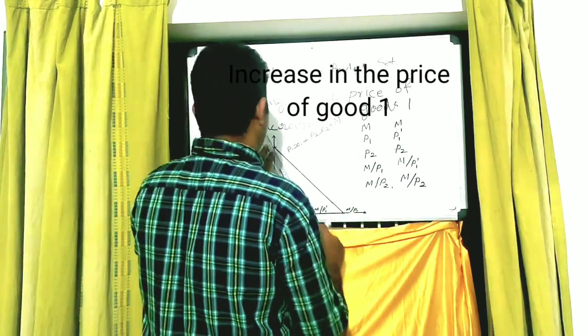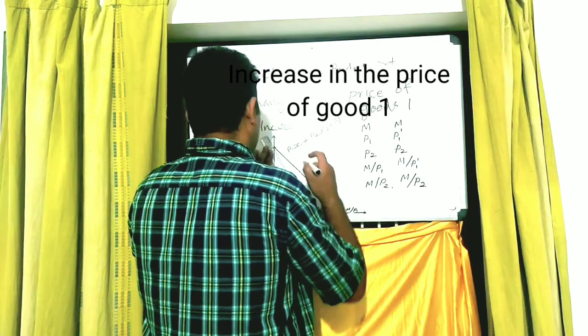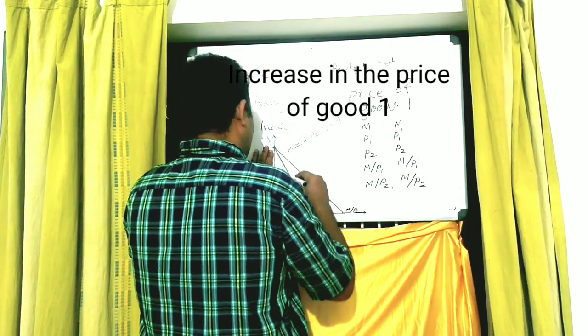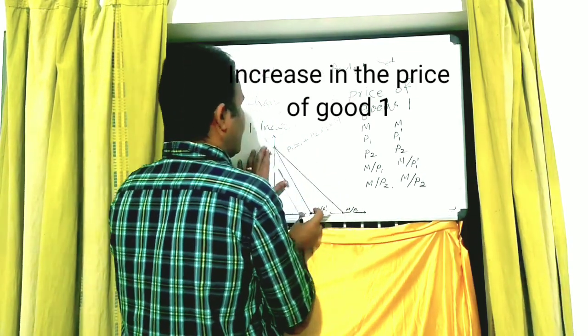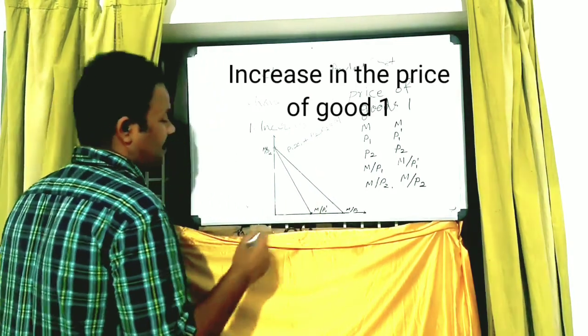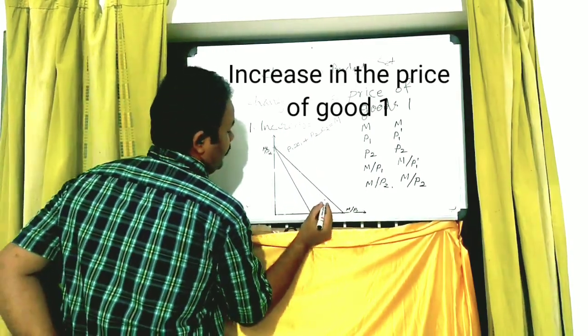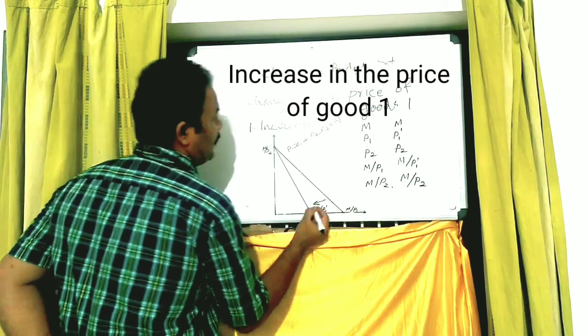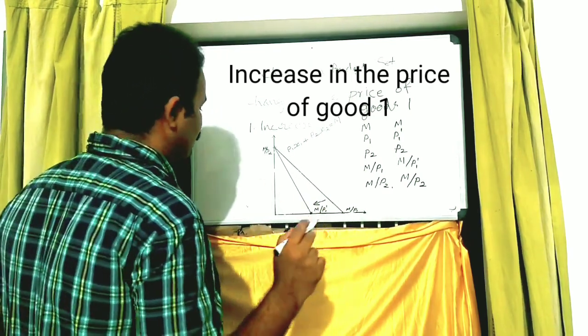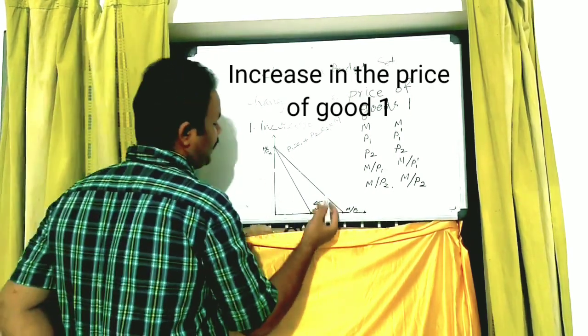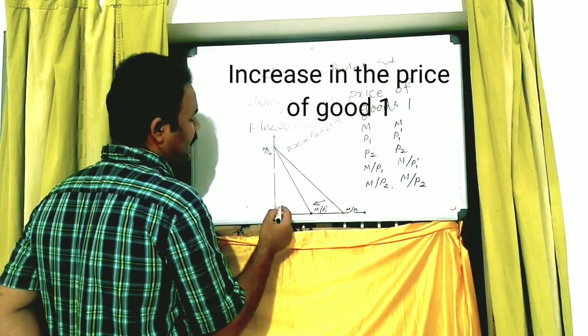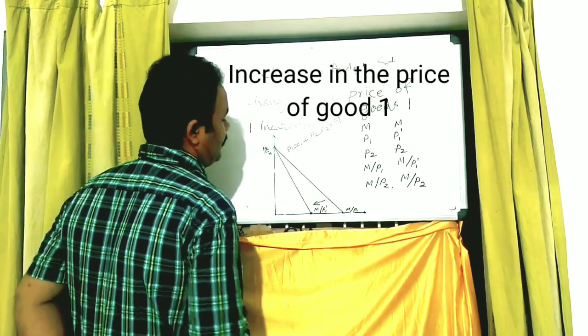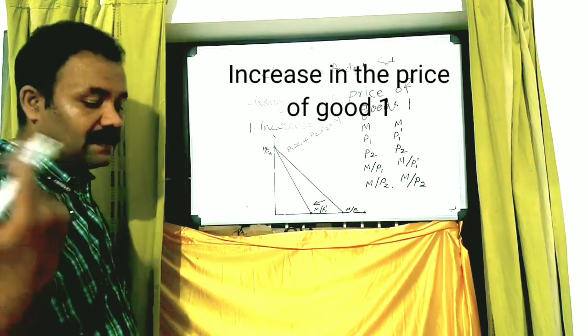Then we can join these points, then we will get the new budget line. So here we can see due to increase in the price of good 1, the budget line pivots around the y-axis. That is the result here.